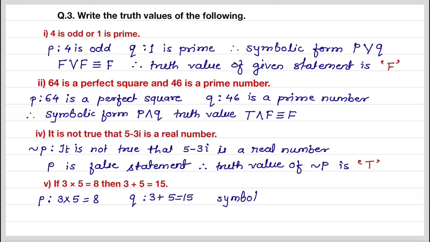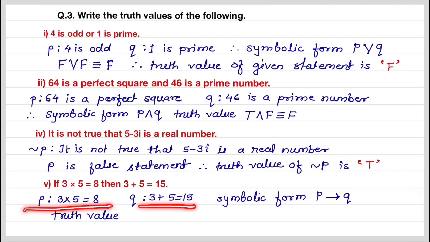Symbolic form: P implies Q. Truth value: here both statements are false because 3 into 5 is not equal to 8 and 3 plus 5 is not equal to 15.